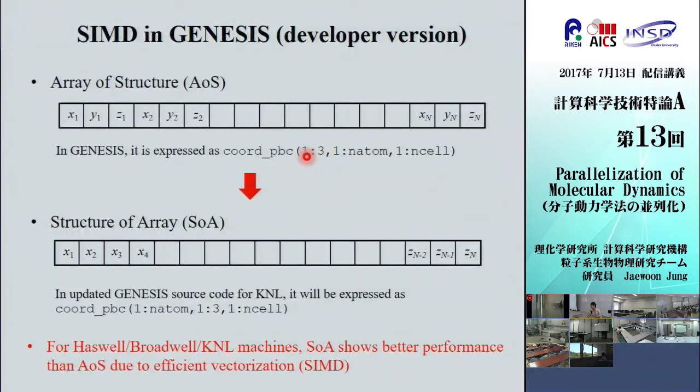In this case, the array is from 1 to 3, meaning x, y, z, and number of atoms in a cell and number of cells. And here, we transpose the first two as 1 to n atom and 1 to 3 and cell. Just by changing this structure, you can increase the SIMD quite a lot, in particular for Haswell, Broadwell, KNL machines.